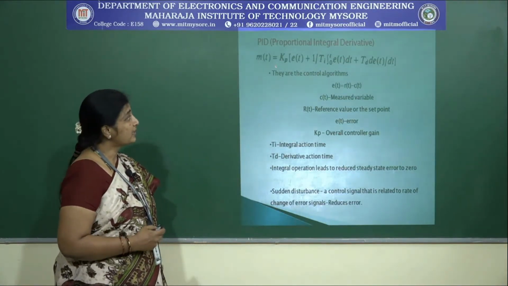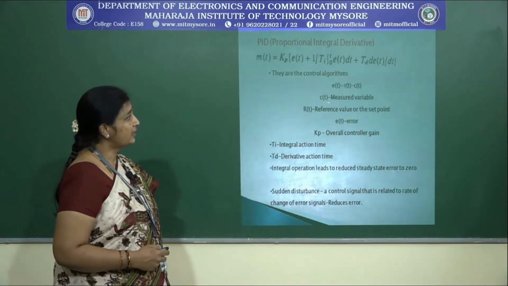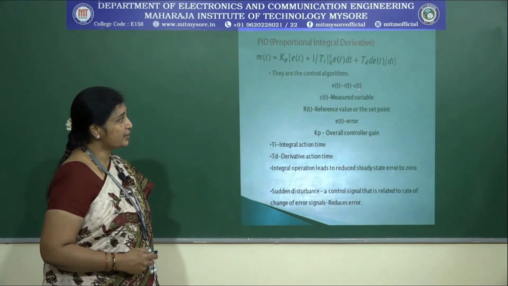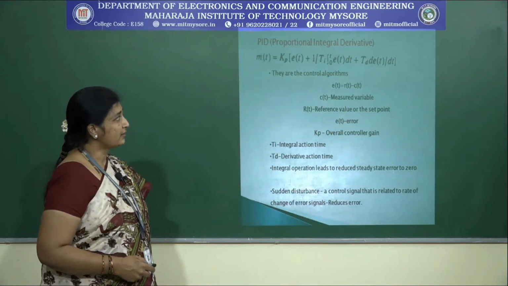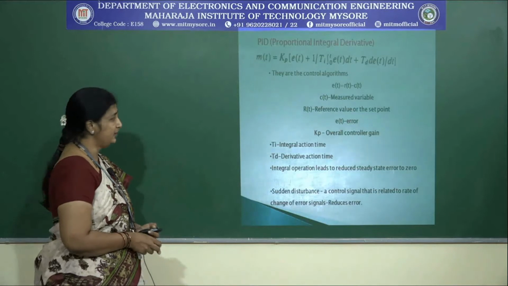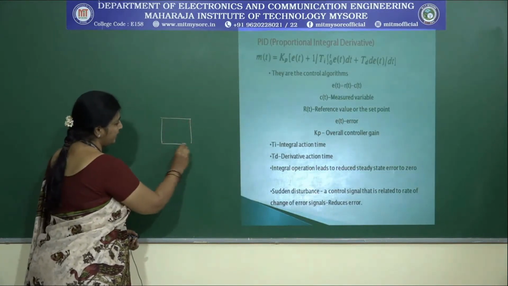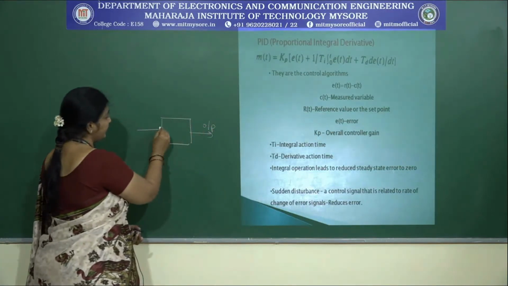So what does this E of t represent here? C of t is the measured variable, R of t is the reference variable or the set point, and E of t is the error. So if I consider, for example, you have a system here, and it has an output, and you have an input.